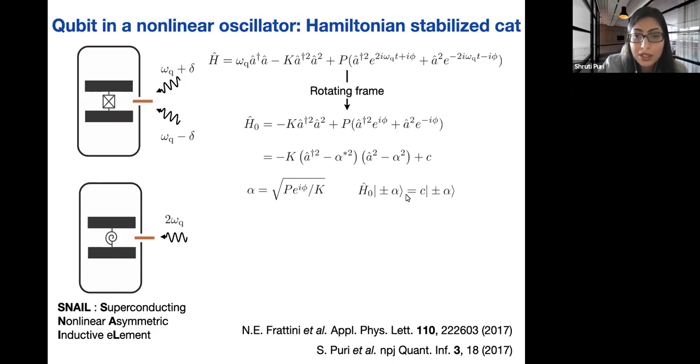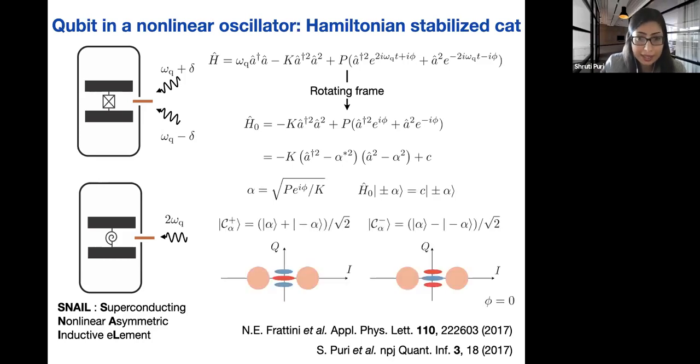And these 2 coherent states will be the degenerate eigenstates of the Hamiltonian. That means their even and odd superposition states, which are the cat states, are also degenerate eigenstates of the Hamiltonian. So lo and behold, we have created a Hamiltonian whose eigenstates are the cat states.